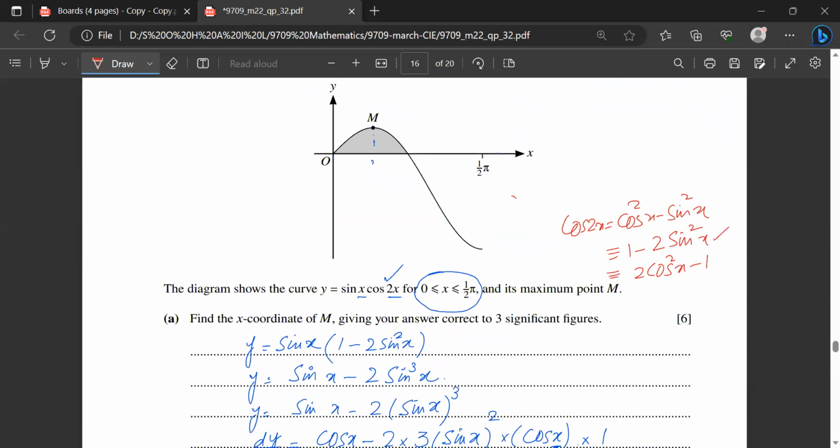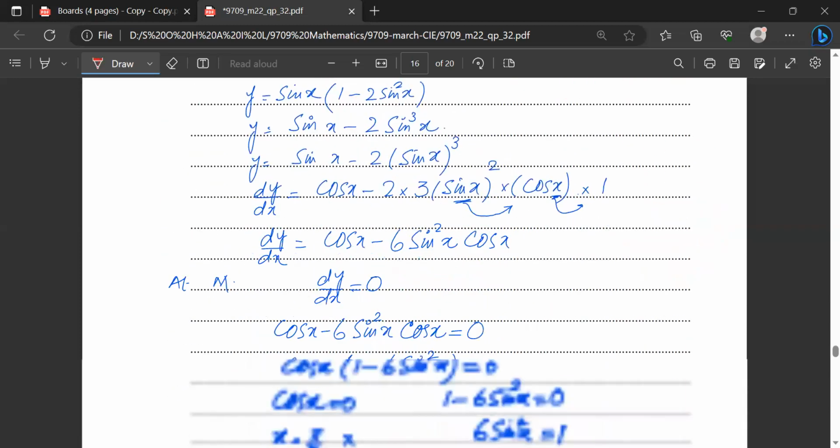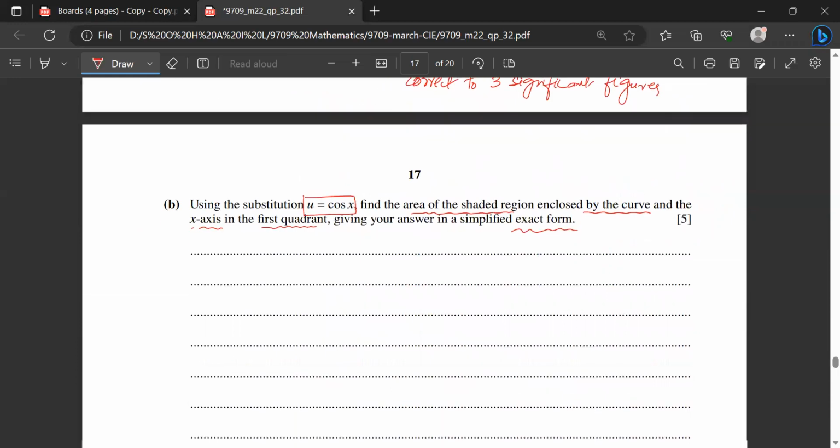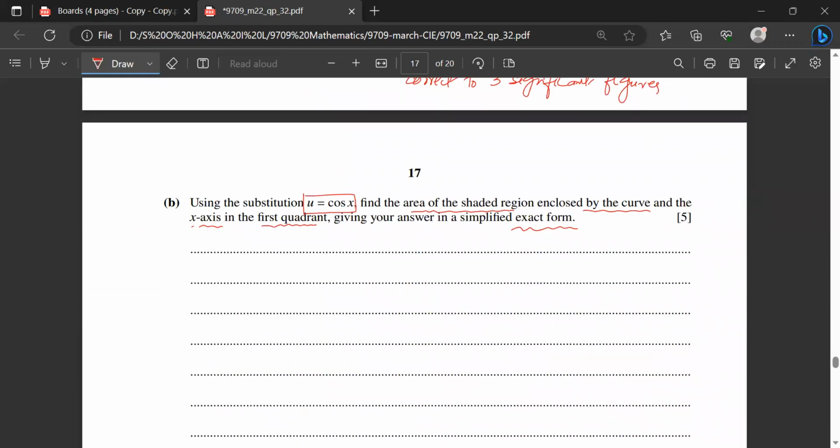So this is the shaded area. The lower limit for the area is given, but the upper limit is not. The curve is y equals sin x cos 2x, and this is the point where y is equal to 0. So for the upper limit, put y equals 0. So we need the limits.